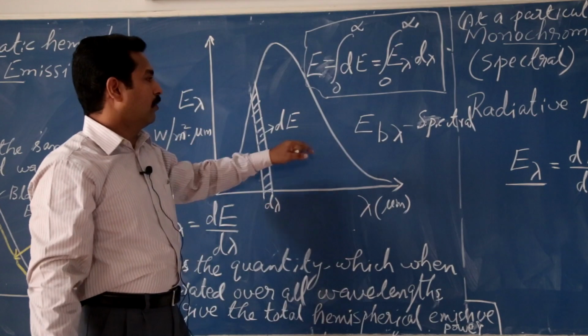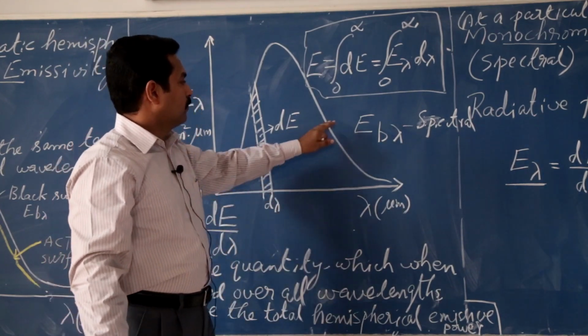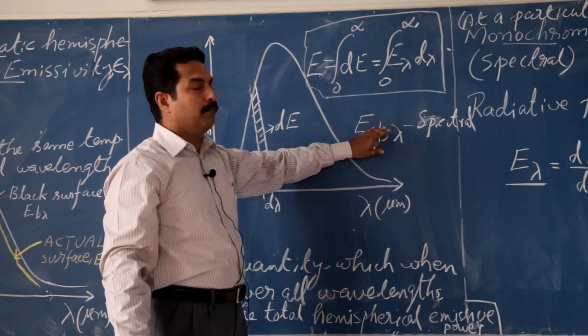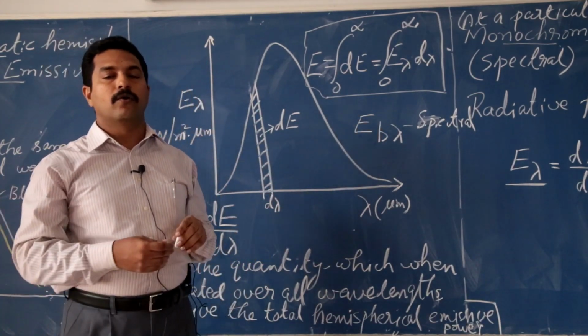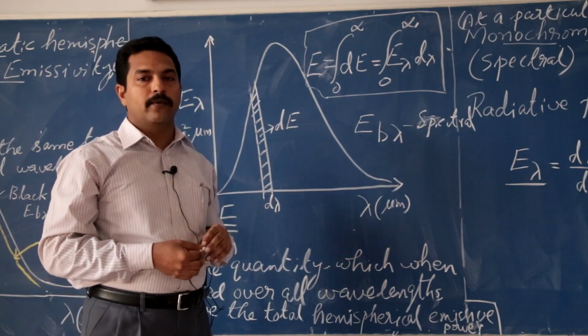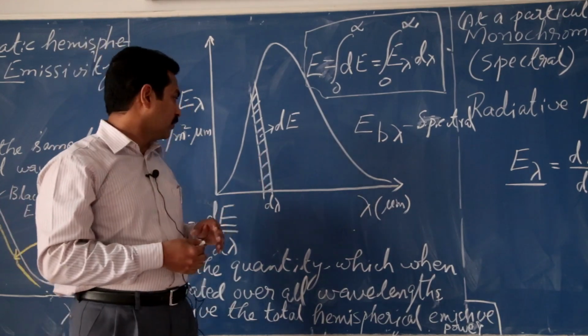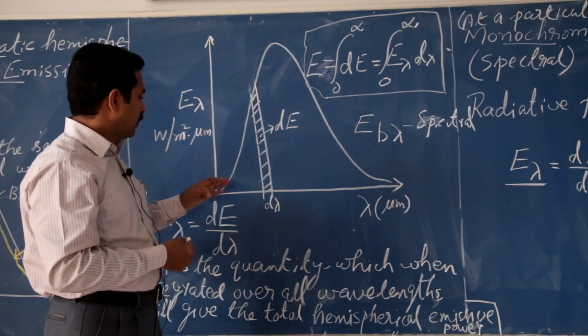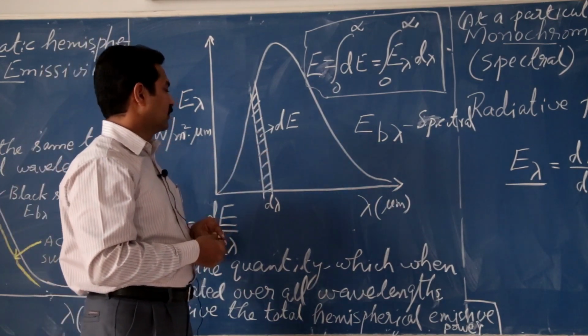That is what we denote by the term E B lambda. Similar to the previous case, here also we have to note that we are taking it at a particular temperature.